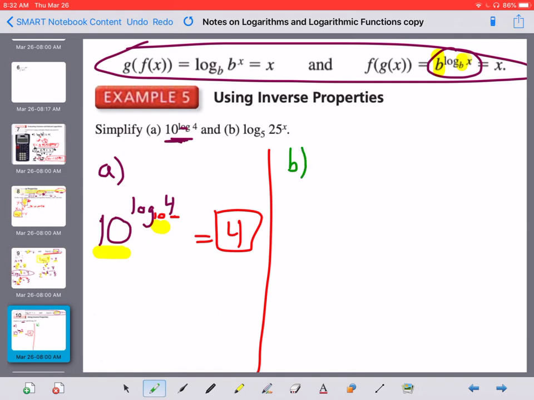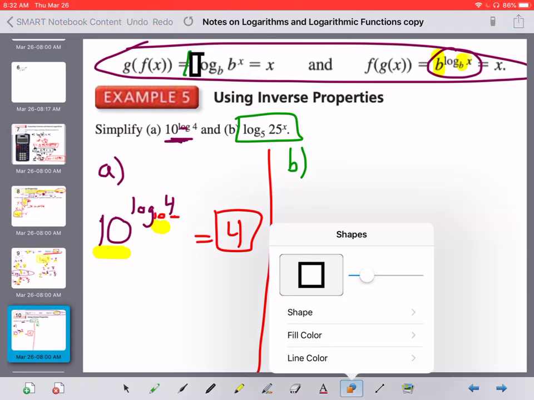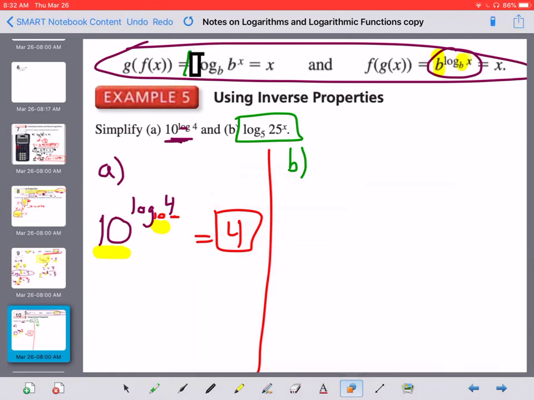Okay. Now this guy is looking a lot like that guy, all right? Right here.